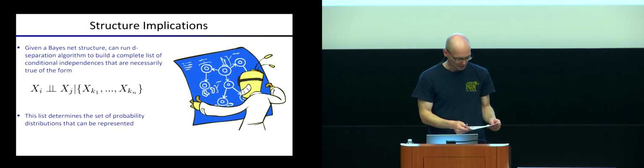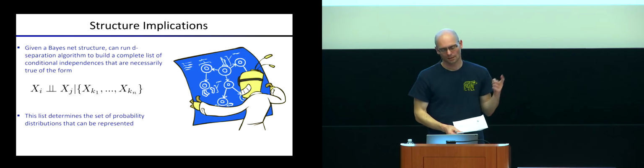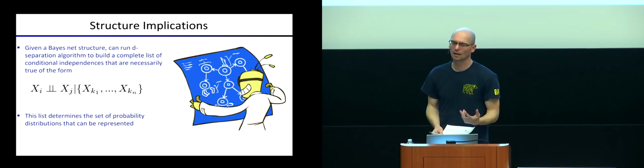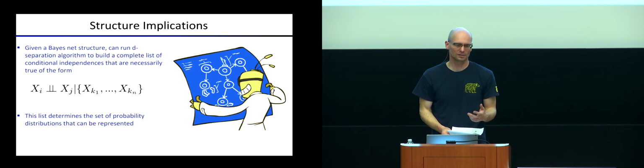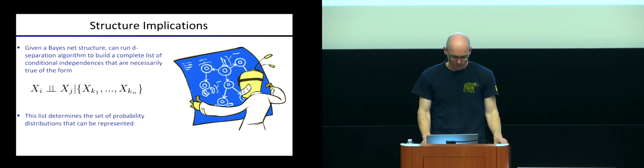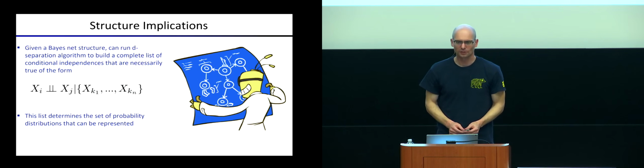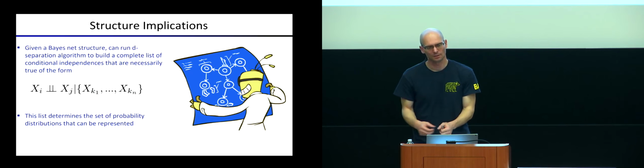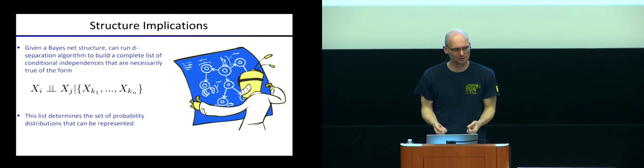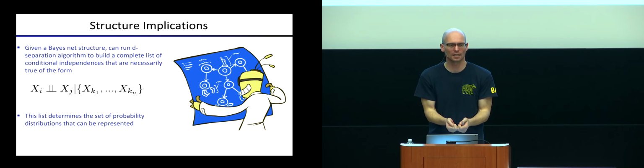Okay, now let's go back to the question that came right after the break. Why and how might we investigate all independencies, and what do we do with this? So, given a Bayes-net structure, we now have an algorithm called d-separation, which we step through in our heads and on the slides, but in principle you can code in a computer program.